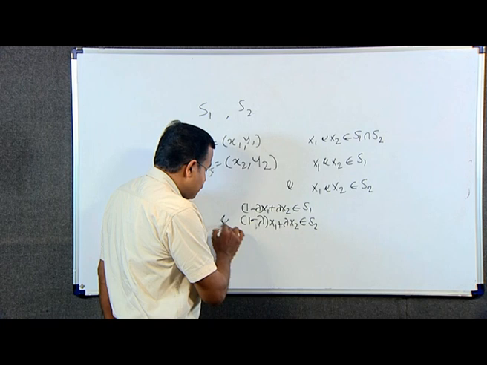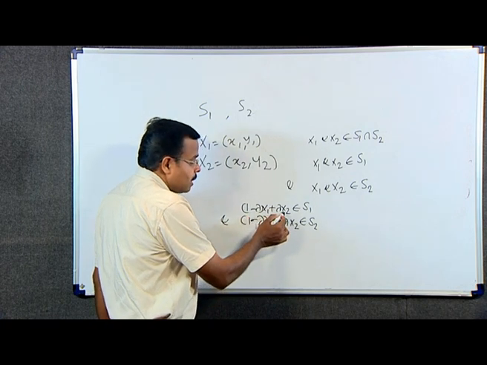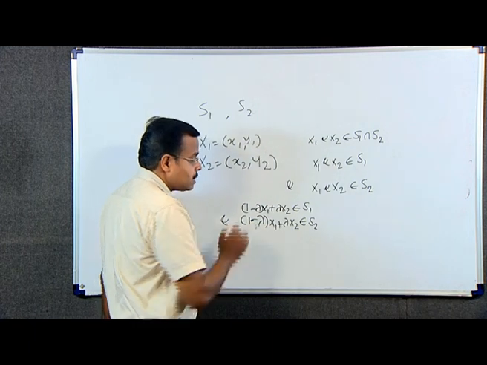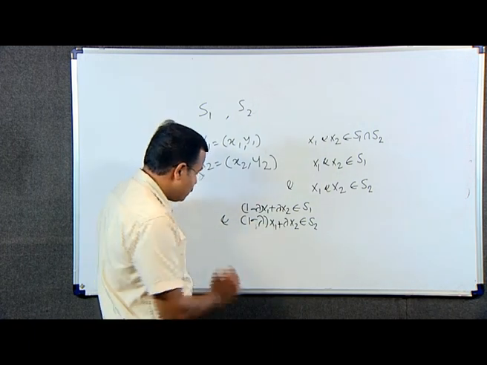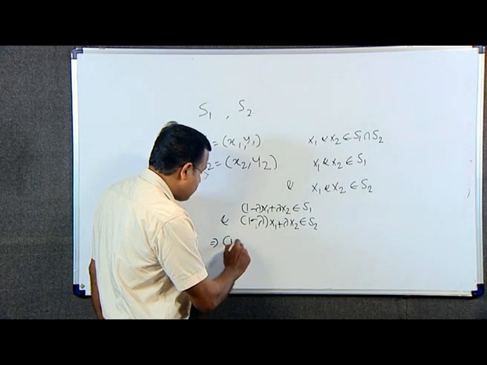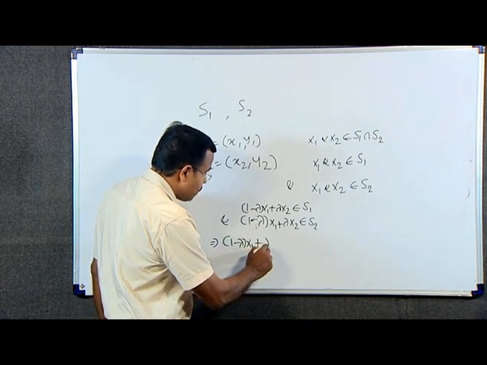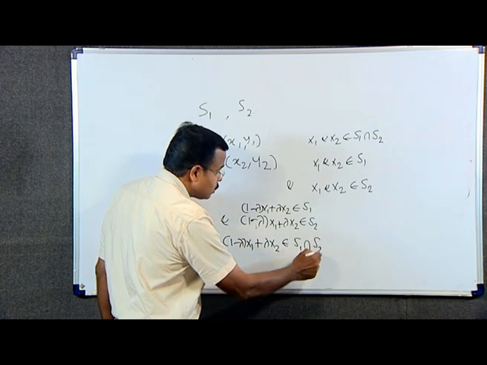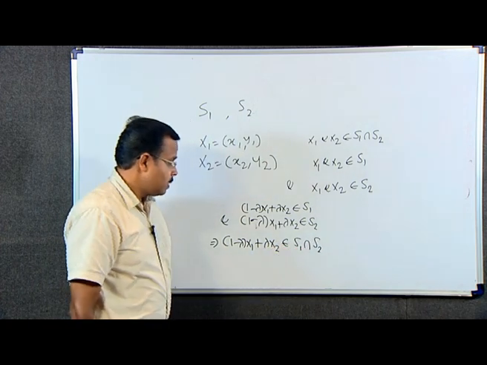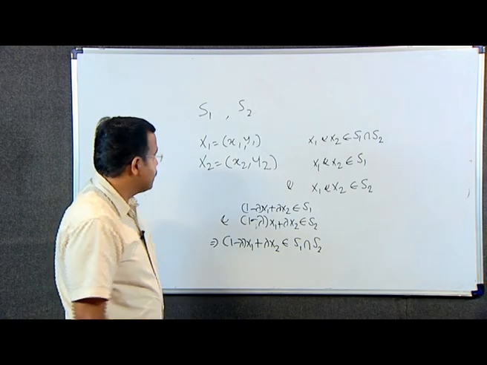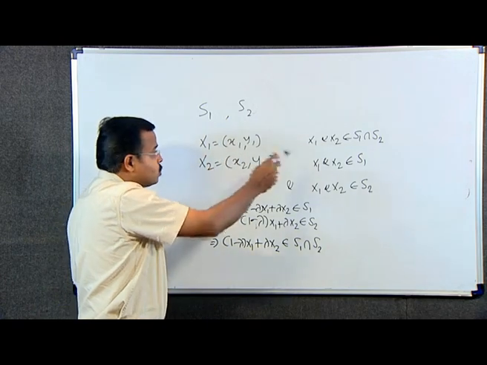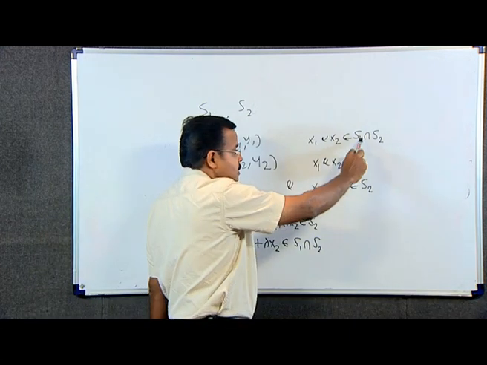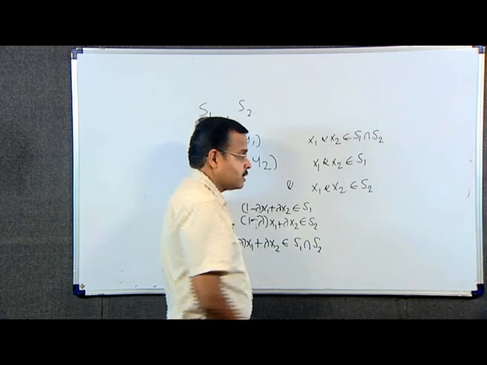That means (1 − λ)x1 + λx2 belongs to S1 and (1 − λ)x1 + λx2 belongs to S2. This implies (1 − λ)x1 + λx2 belongs to S1 intersection S2 also. So, here we considered x1 and x2 belonging to S1 intersection S2, where S1 intersection S2 is the intersection of two convex sets.